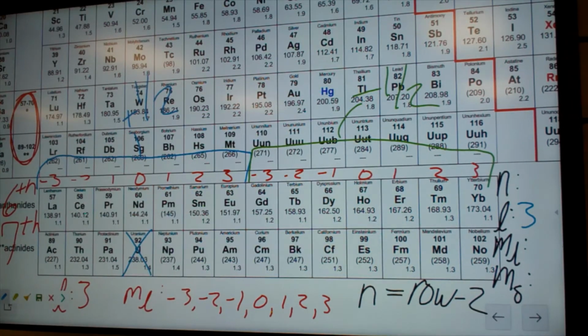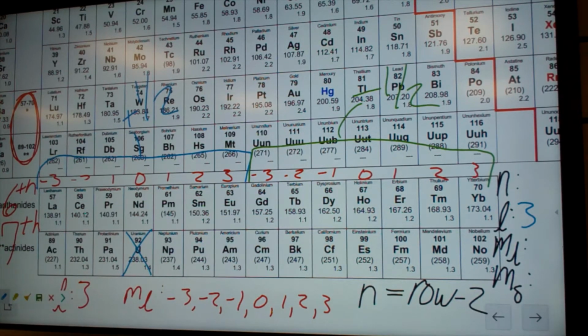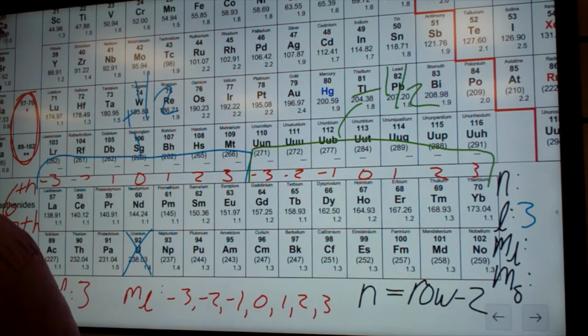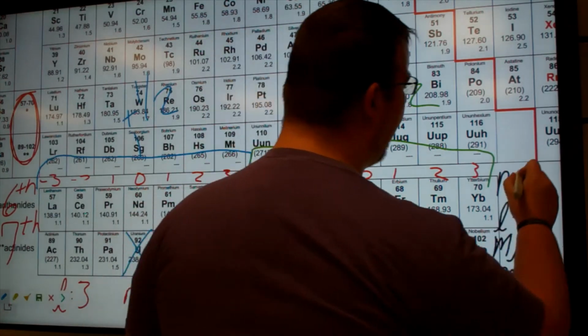So now I move from L, that's narrowed me down to the F block, and I go to N, the principal quantum number. So I find where I'm at. I'm here at uranium. I'm in the 7th row. But I remember to find the principal quantum number for the F block that N equals row minus 2. So 7 minus 2 will give me 5.